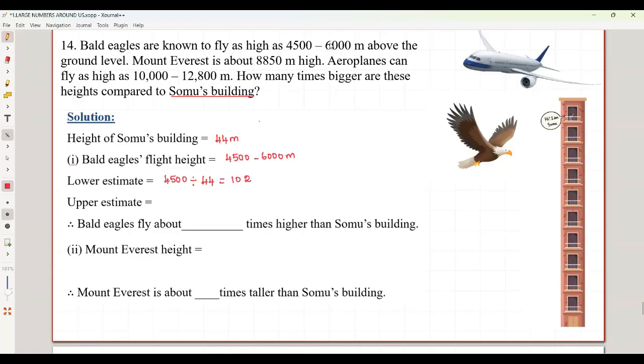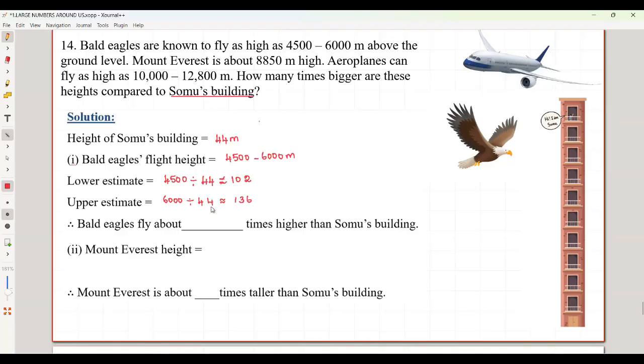If you are taking the upper estimate, 6,000 divided by 44, you will be getting approximately 136. The 102 is also an approximate answer.